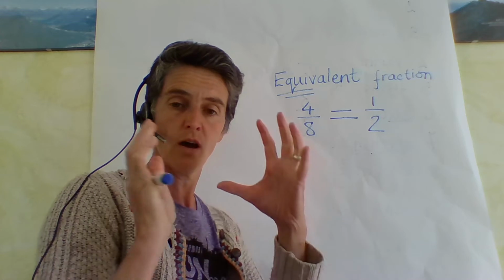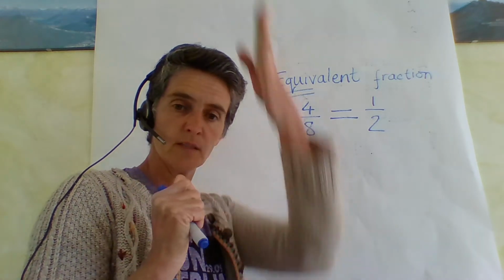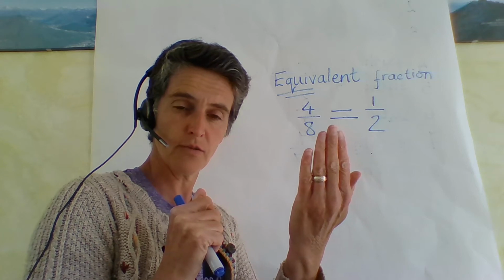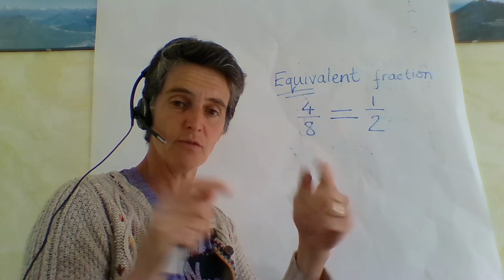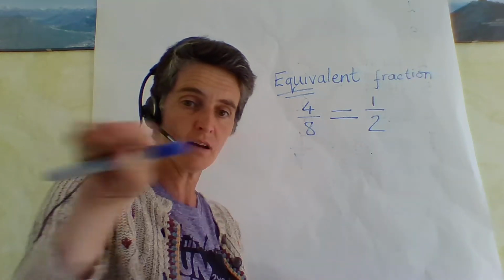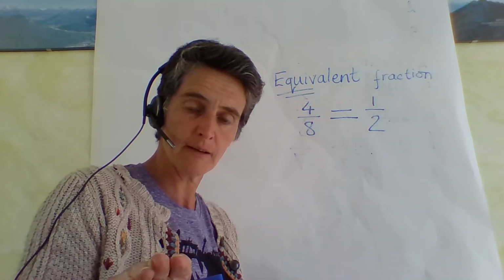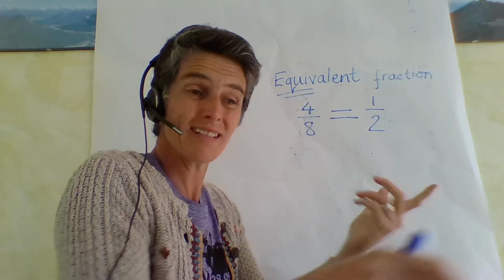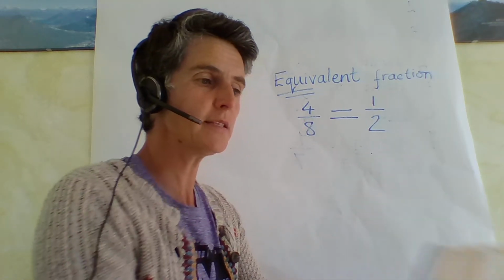If you've got a whole pizza split down the middle, 1/2, you would think that's exactly the same, wouldn't you? Of the same size pizza, but if that same size pizza had been cut into 8 equal parts, and you had 4 of those 8 equal parts, you know that's the same as having half of the pizza.